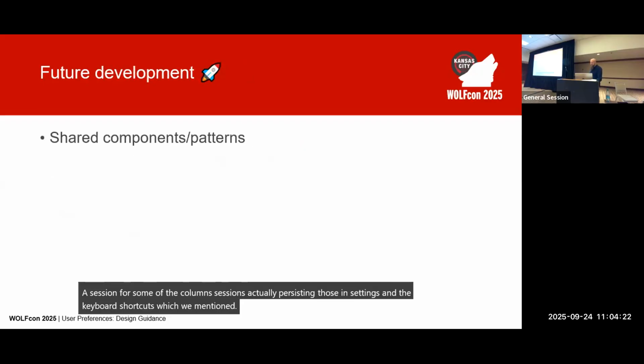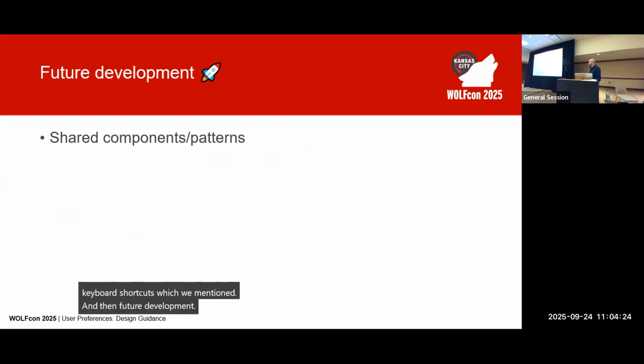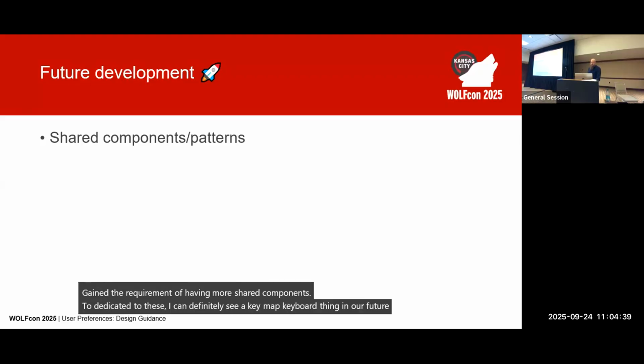And then future development, eventually we'll probably gain the requirement of having more shared components to dedicate to these. I can definitely see a key map keyboard thing in our future when that gains popularity.